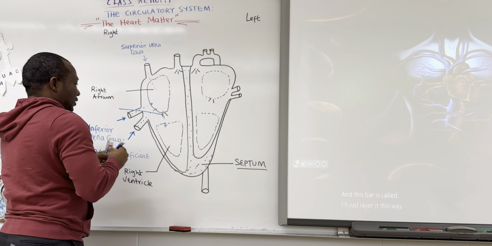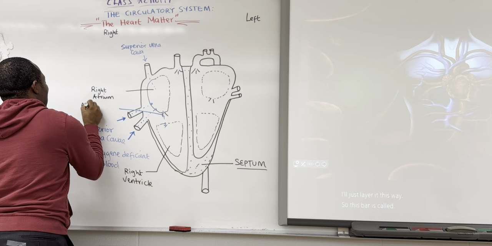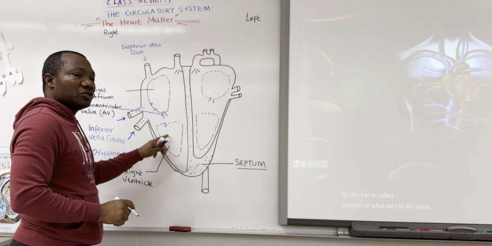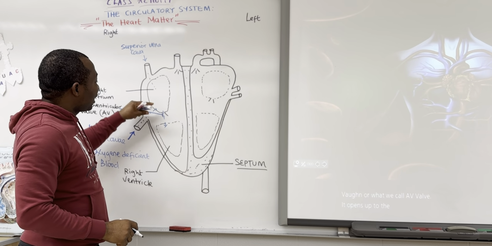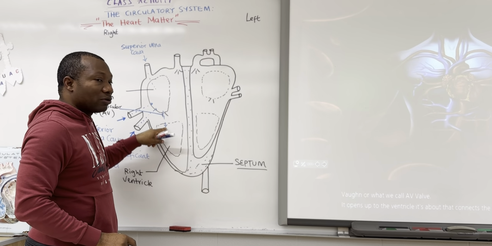So this valve is called atrioventricular valve, or what we call AV valve. It opens up to the ventricle. It's a valve that connects the atrium with the ventricle. We call it atrioventricular valve.